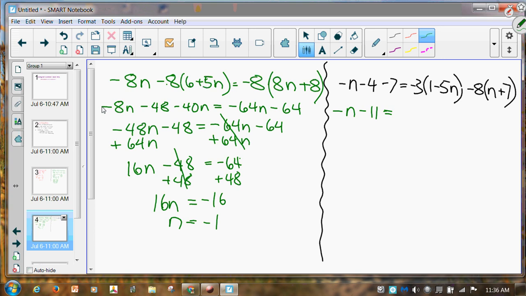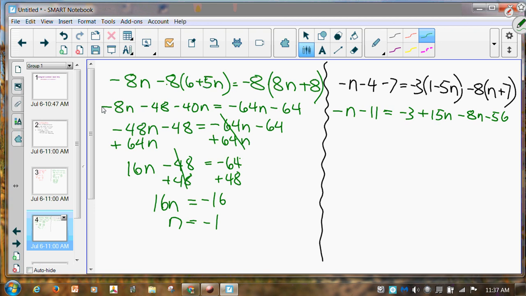We got minus 3 times minus 1, which gives me a minus 3, and minus 3 times minus 5n gives me a positive 15n, because a minus 3 times a minus 5 gives me a positive number. And then we'll distribute the next one, minus 8 times n, and minus 8 times 7 gives you minus 56.